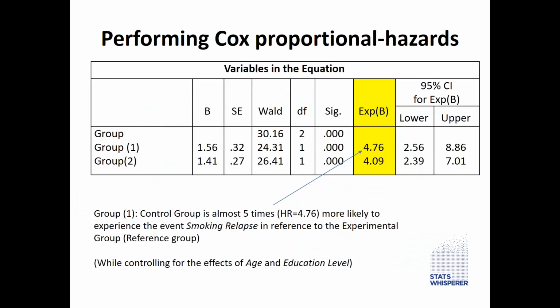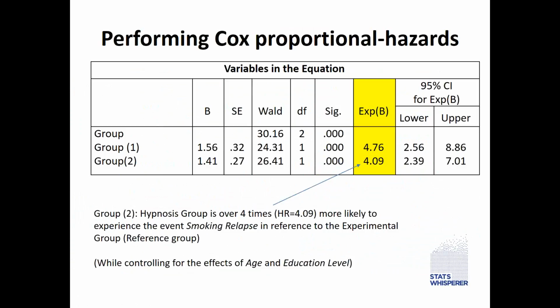What that's telling us is over the time period, the control group is almost 5 times more likely to experience the event of smoking relapse in reference to the experimental group, right? And also keep in mind, it's not shown here because we sectioned off the box, but this is while controlling for age and education level.